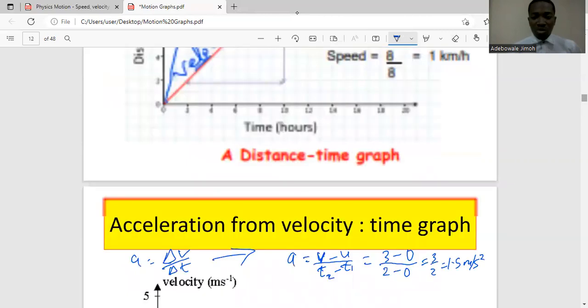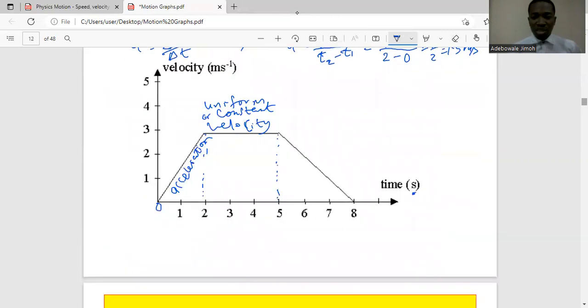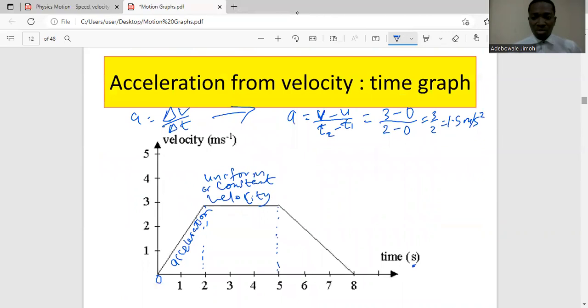Let's assume we are asked to find the deceleration of the particle. What's the deceleration? Deceleration is initial velocity minus final velocity divided by change in time. What's the initial velocity? That's the velocity in the beginning.